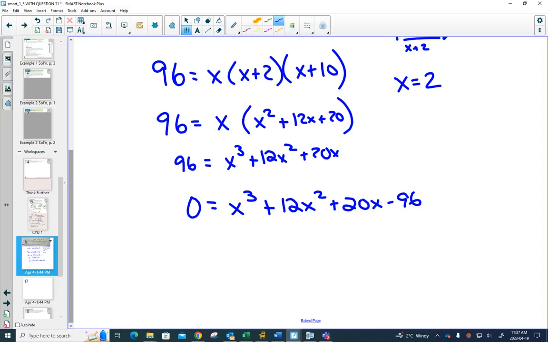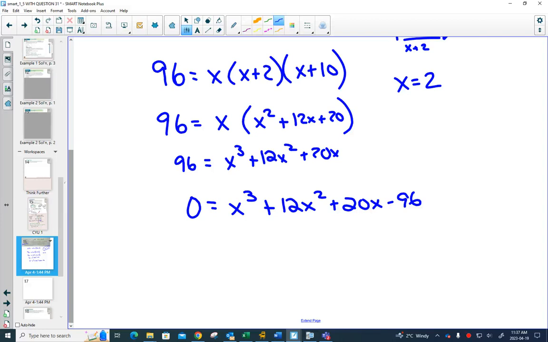How do we factor this? Well, this is the beginning of this unit. We have to use our remainder theorem, our factor theorem, our factor property, synthetic division, all of that. Now, one nice thing is that we already figured out that x equals 2 worked. So we can use that as a hint.